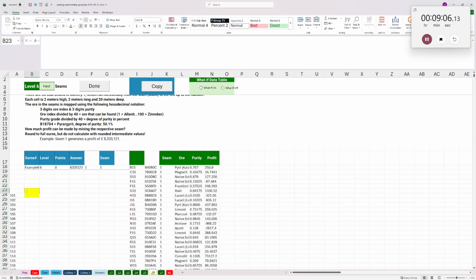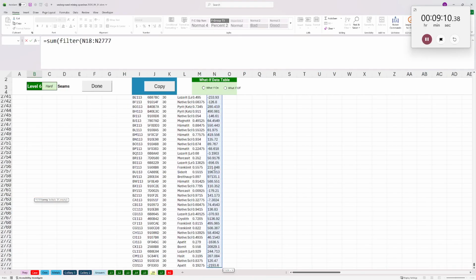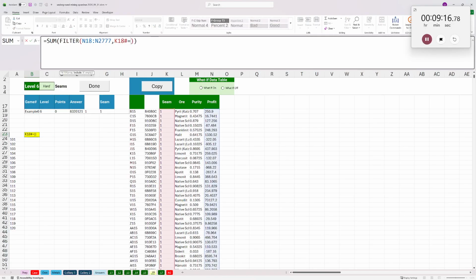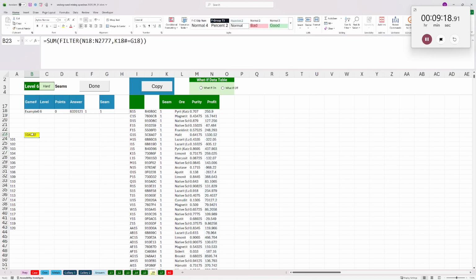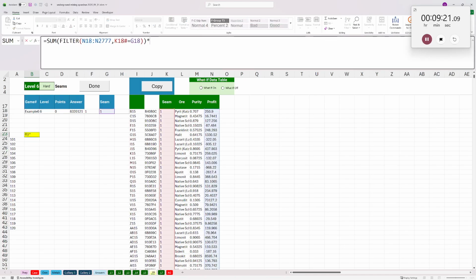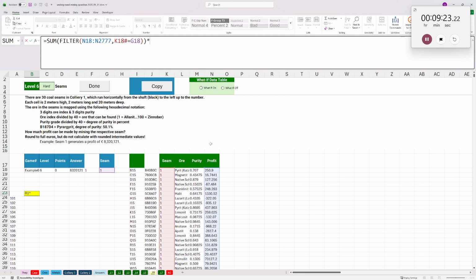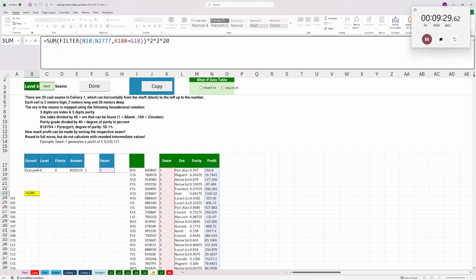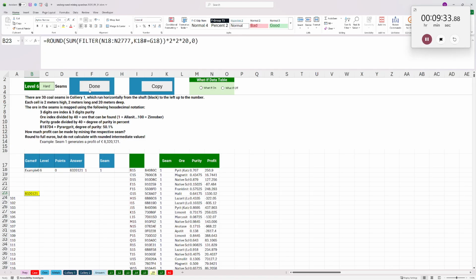So now I sum filter of all the profit based on what seam it is, right? So the seam has to be equal to the seam number. And that is per cubic meter. So I multiply by 2 times 20, 2 high, 2 long, 20 deep. And the whole thing is going to get rounded to the nearest euro.